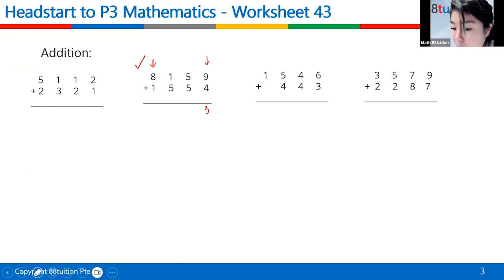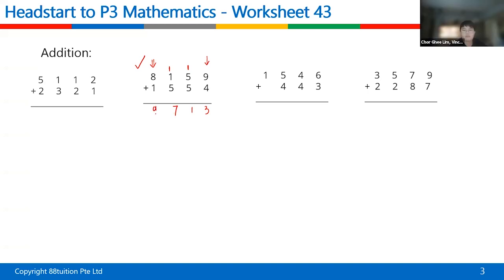So I bring the 1 to the tens column and draw it on top of the 5. At the tens column, can you add it up for me, Vincent? It's 11. Great. Once again, I take the 10 from the 11 and bring it to the hundreds column. I write 1 here. Can you sum up the hundreds column for me? 7. Very good. And finally, the thousands column. 9. Very good. So everybody should be familiar with how to do long addition.